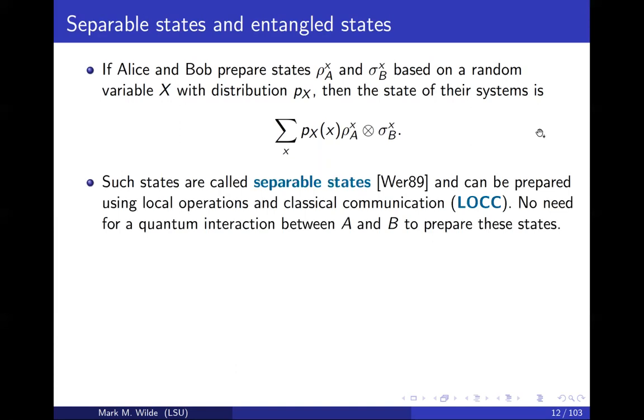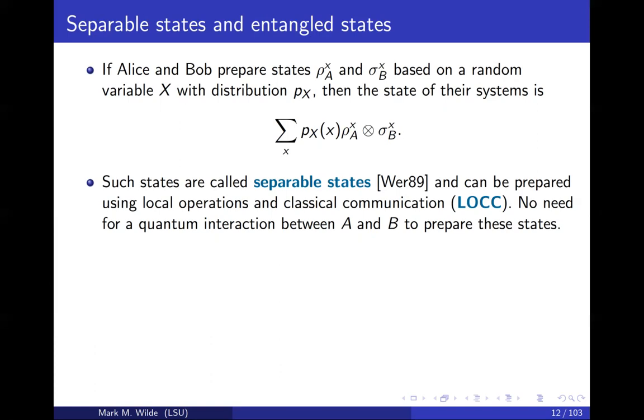Such a state is called a separable state, also known as an unentangled state, or a state that is not entangled. Why do we say that? Well, they didn't need any quantum interaction to prepare this state.